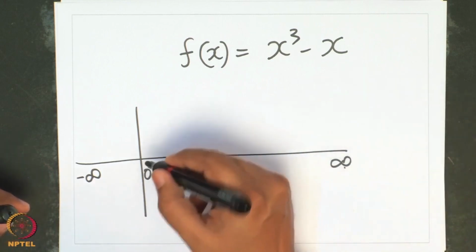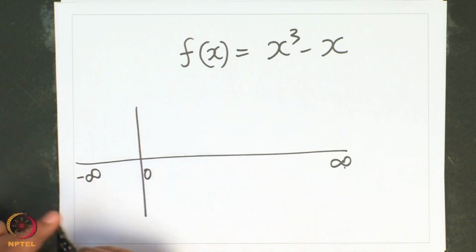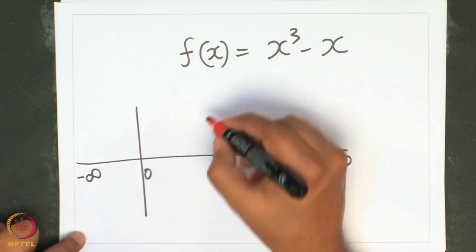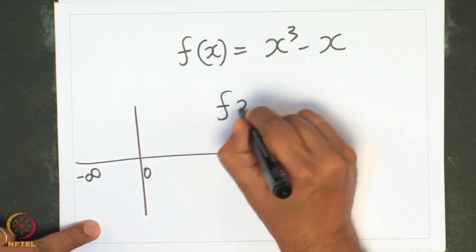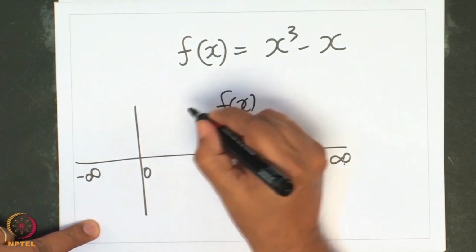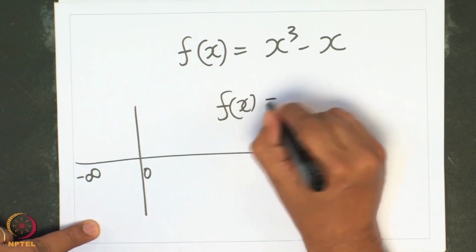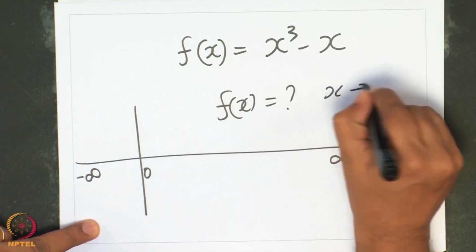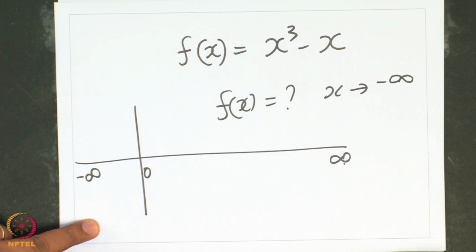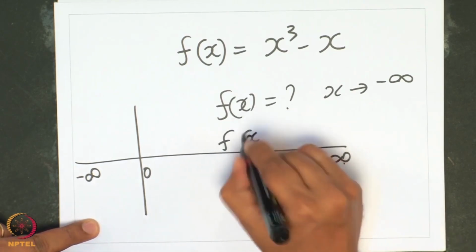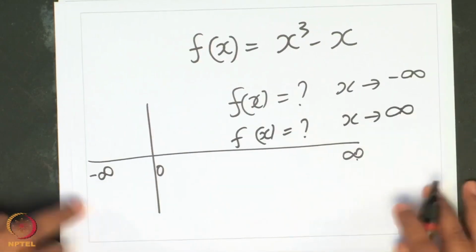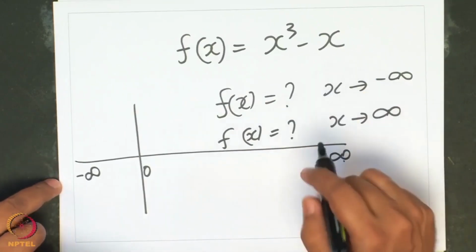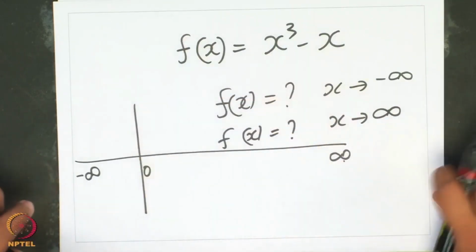So, let us say if we want to plot from minus infinity, first thing we want to know is what is the value of this function at minus infinity. What is the value of f of x when x goes to minus infinity, and what is the value of f of x when x goes to plus infinity? These are the first things you would want to know as the starting point and the ending point.